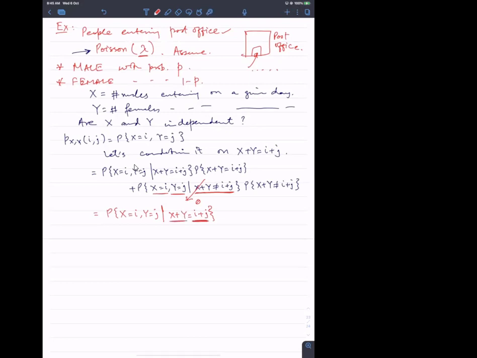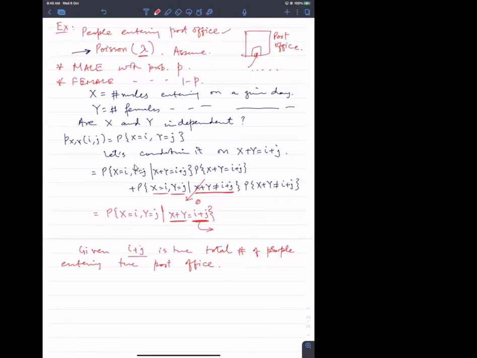The total number of people, males or females together, entering the post office is I plus J. So what this equation is telling us is, given I plus J is the total number of people entering the post office, ये लोग जो हैं वो enter हो गए हैं, I plus J people.